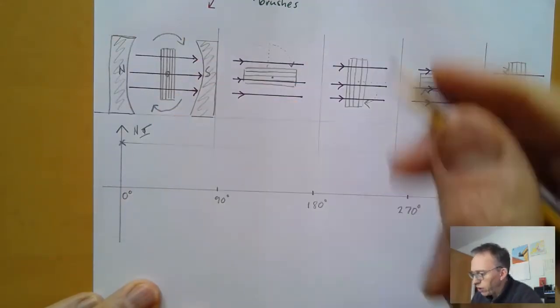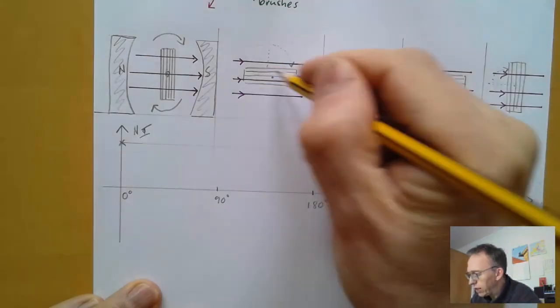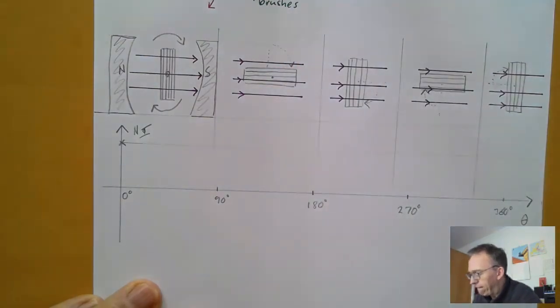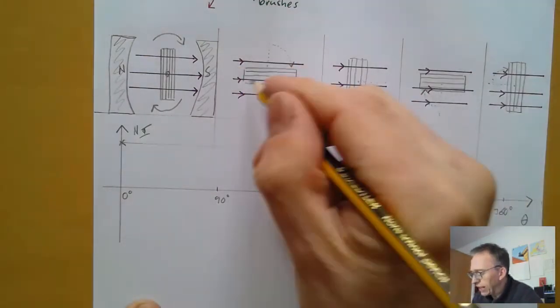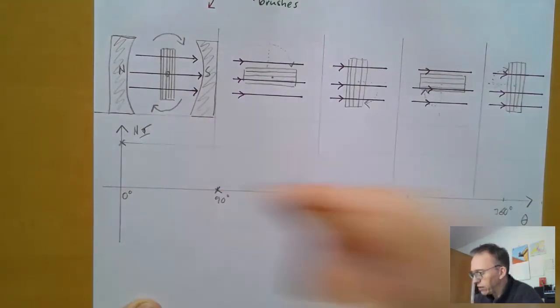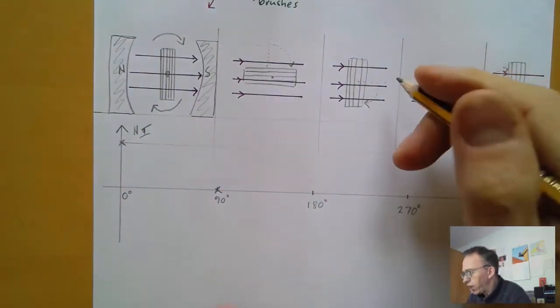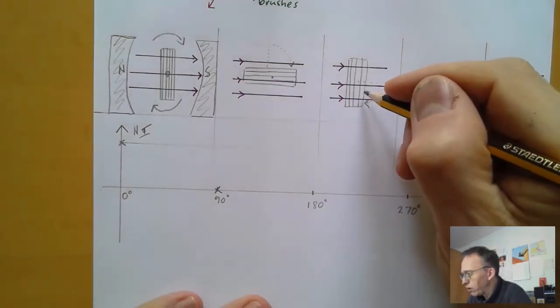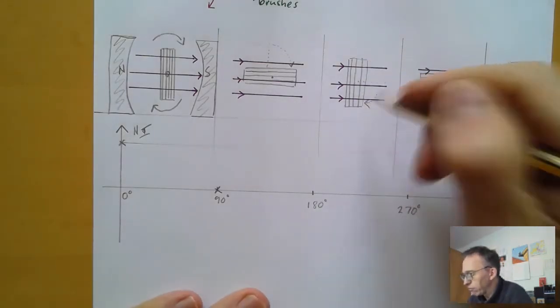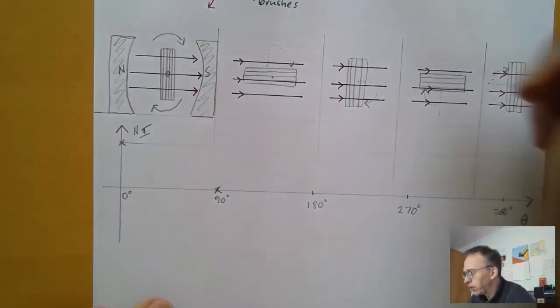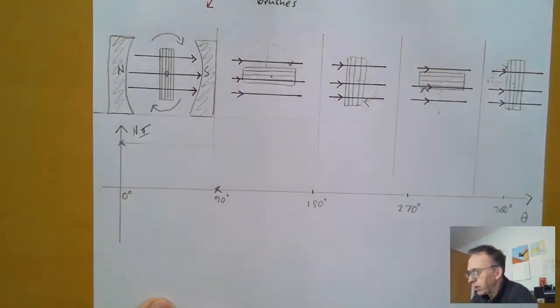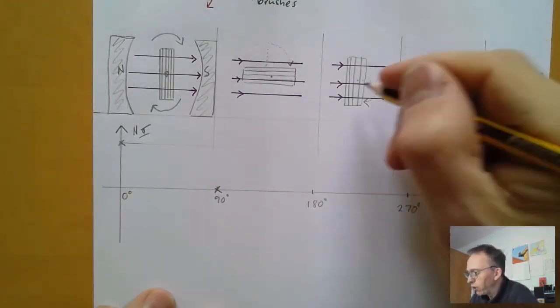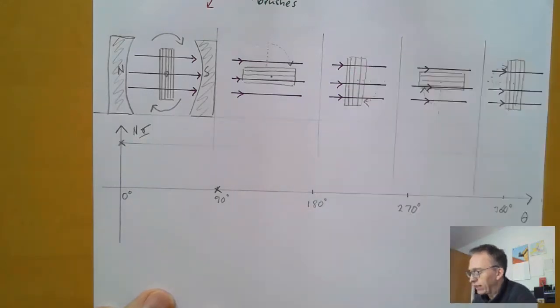Okay, now 90 degrees later we're here, and the flux linkage is then 0. 90 degrees later we're at 180 degrees. The flux linkage is now maximum, but the coil has turned around and is pointing in the opposite direction.